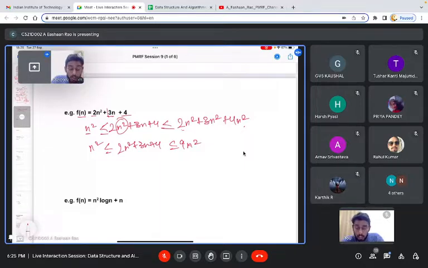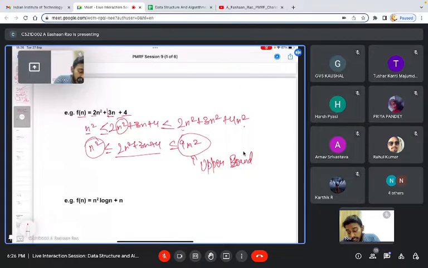So what it means is, for this particular function f(n), anything above or equal to n^2 we call the upper bound, and anything less than or equal to n^2 we call the lower bound.